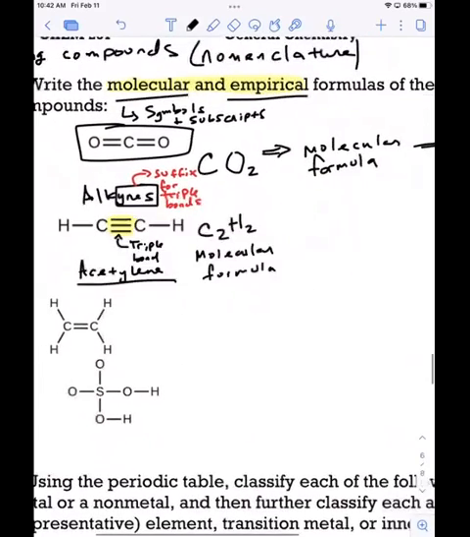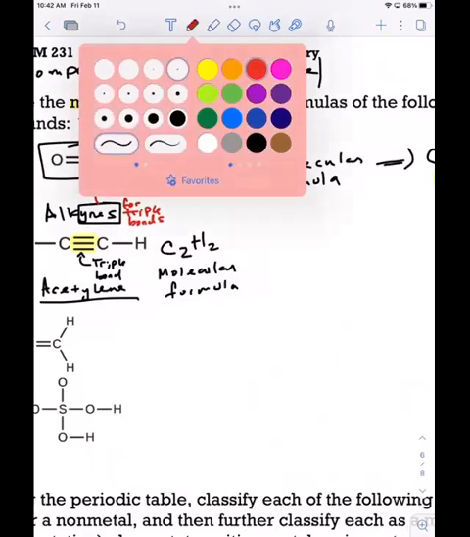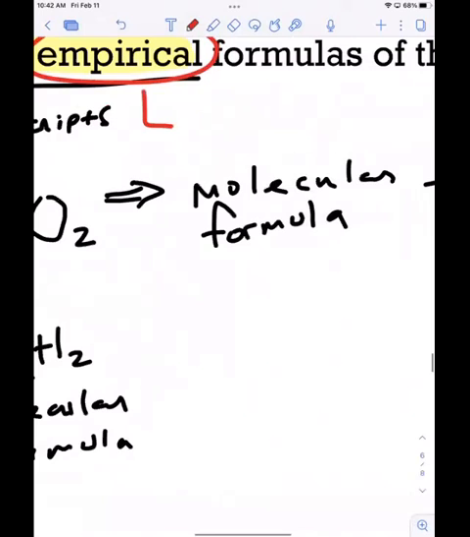Now, the other thing it asks for up here at the top is it asks us also to give the empirical formula. So the empirical formula is like the reduced form of a molecular formula.